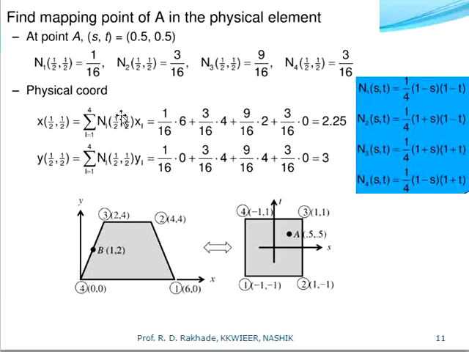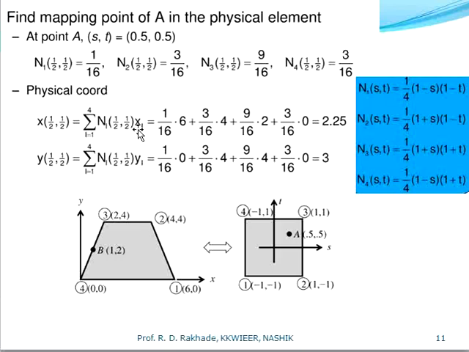Then suppose I want to calculate the position of that A on the actual element, that is the position with respect to x and y coordinates. This is node 1, and similarly this is our reference node 1. We can map 1 to 4. So x is nothing but the summation of N times x.